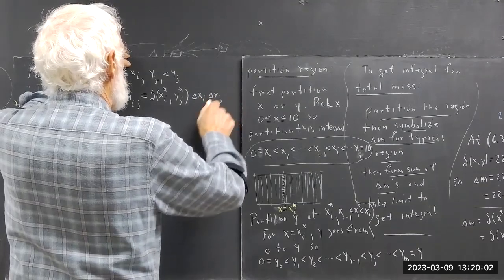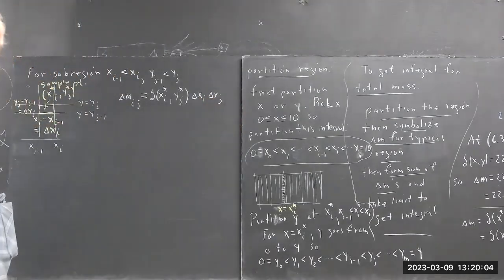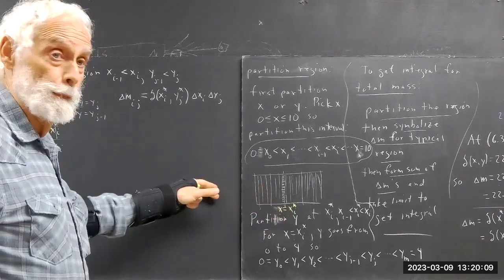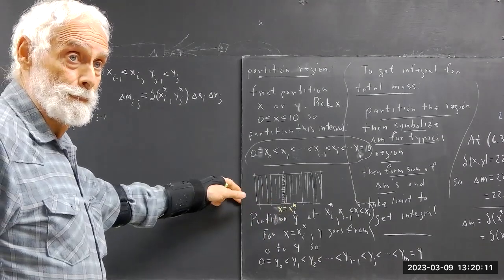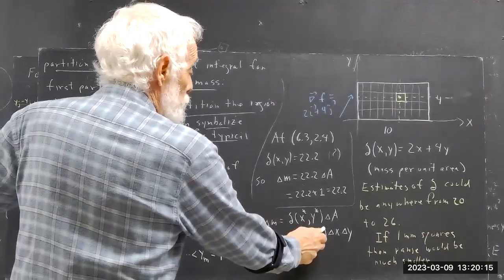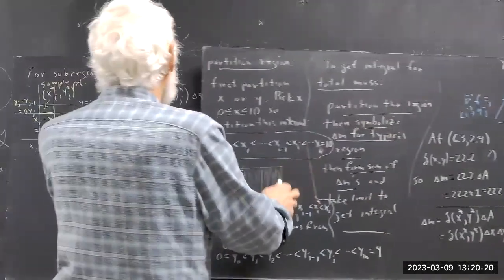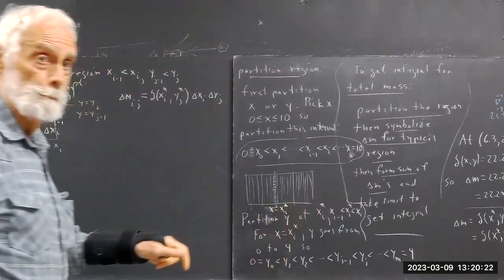Writing this. Now, why do we write this? Because we want to write the area. And remember our expression was delta of x star y star delta x delta y. Comes after.